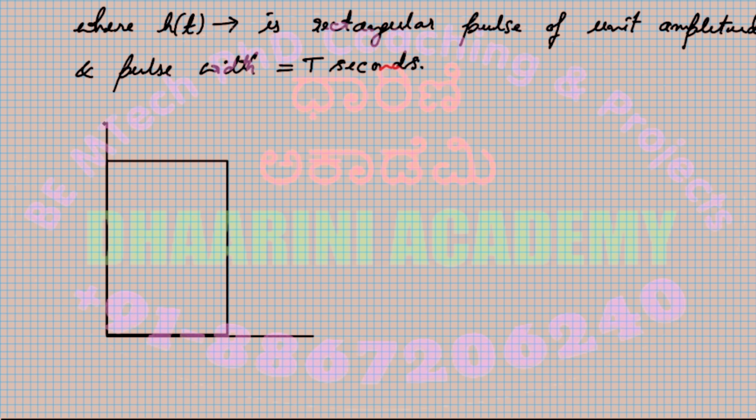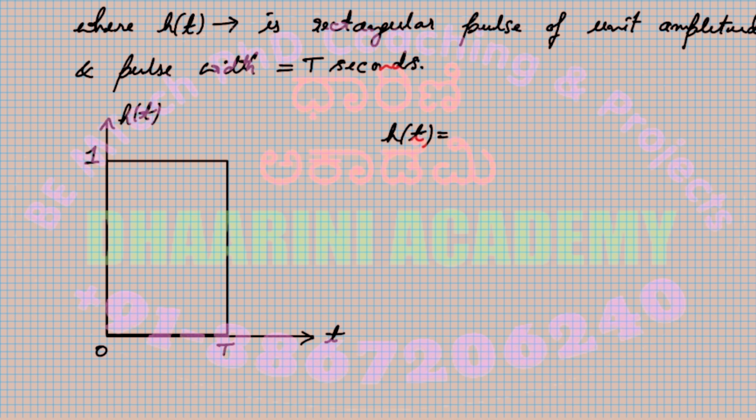Okay, so this is h of t, amplitude being 1, right? And its width is 0 to T. So h of t versus t. Okay, so I can try to write an equation here, right? The h of t is equal to, I want to write two notations. One is a rectangular notation for that. Otherwise, I also want to write in terms of the values.